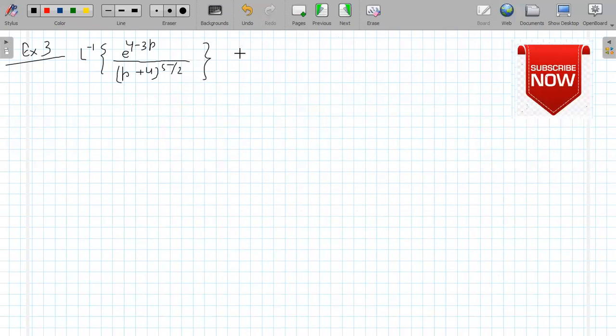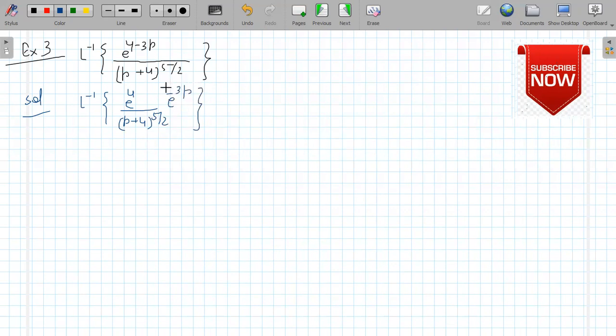So here we write this like this: e raised to the power 4 over (p plus 4) raised to the power 5 upon 2 into e raised to the power minus 3p.